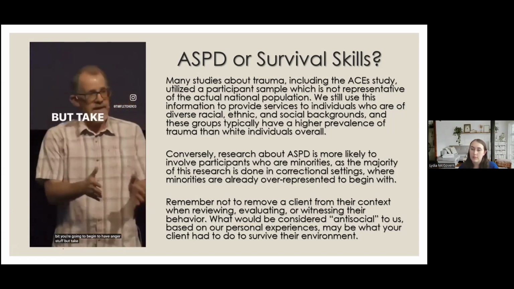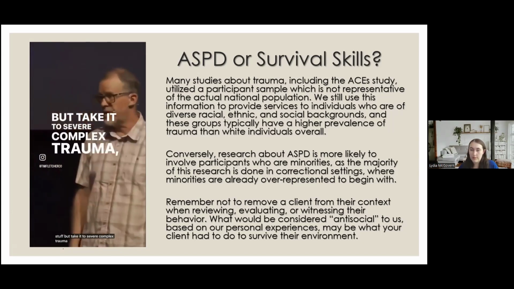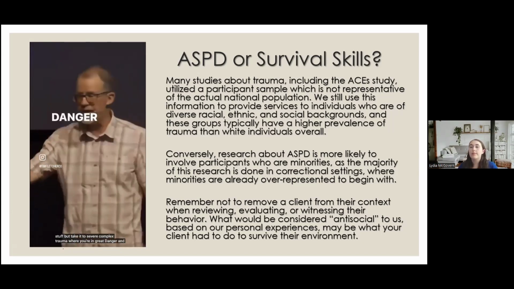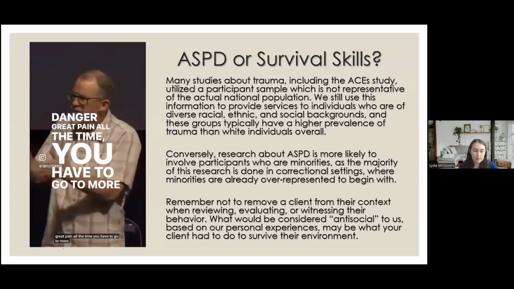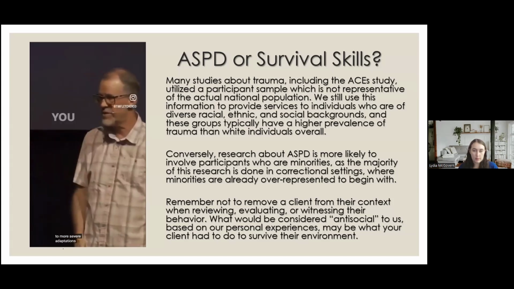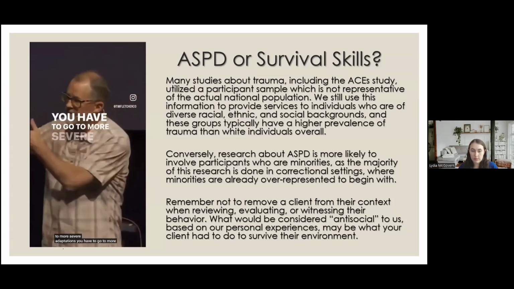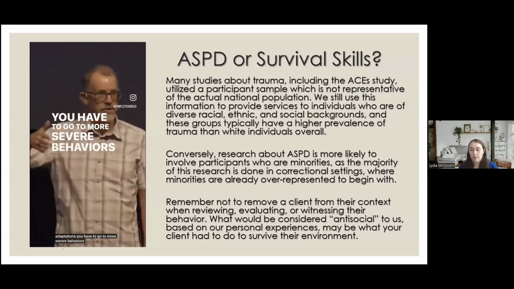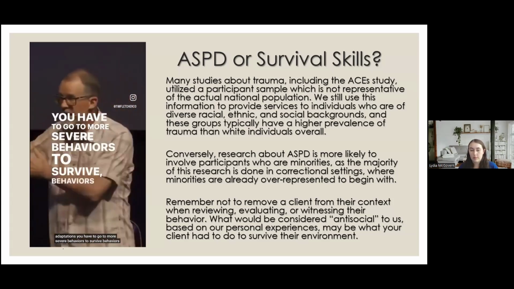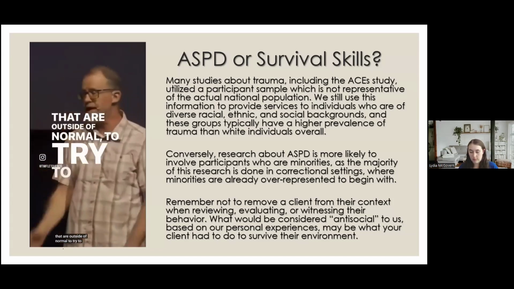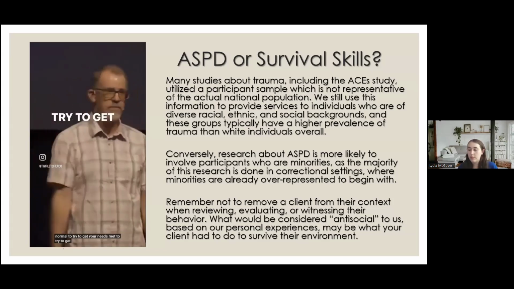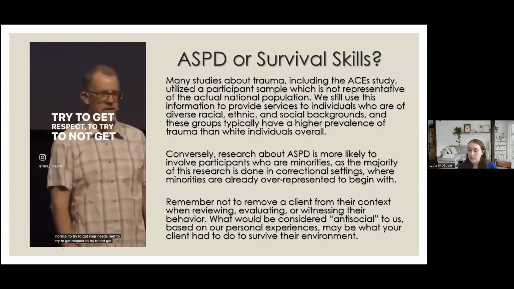But take it to severe complex trauma where you're in great danger and great pain all the time. You have to go to more severe adaptations. You have to go to more severe behaviors to survive, behaviors that are outside of normal, to try to get your needs met, to try to get respect, to try to not get hurt.